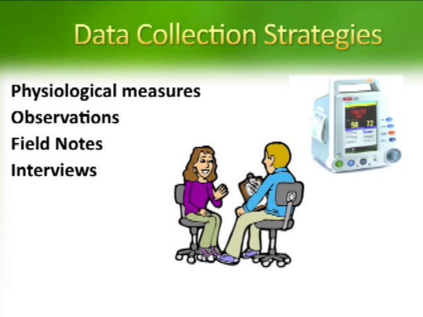Now, the second data collection method that we're going to look at are observations. Sometimes just observing a subject may give a more accurate picture of behavior than just asking. But the observation must be scientific and fulfill the following conditions.